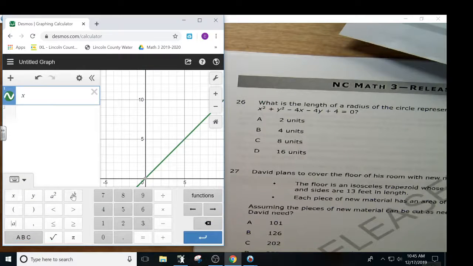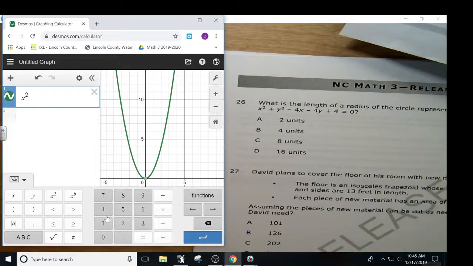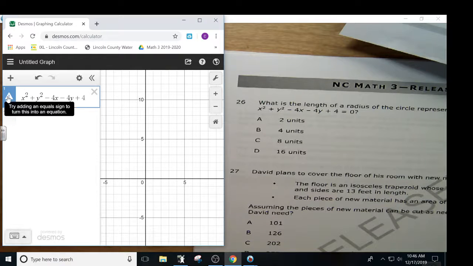So x squared plus y squared minus 4x minus 4y. Nope. Just give me a. You did. Okay.